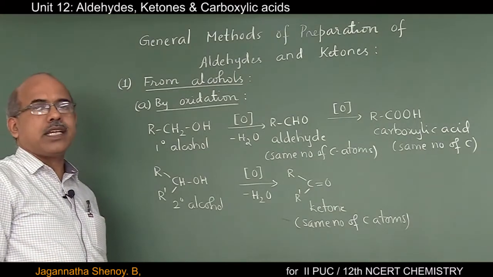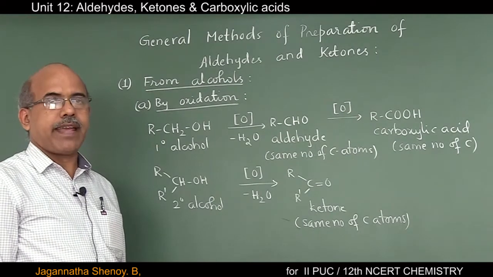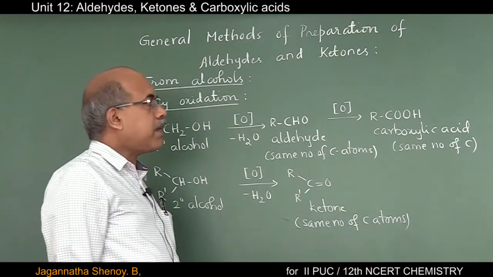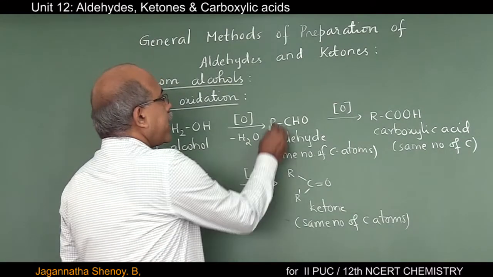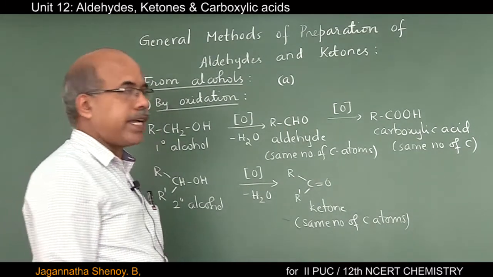Now, the question is, what can be the various oxidizing agents that I can make use of? The various oxidizing agents that can be used are, I can go for acidified potassium permanganate.